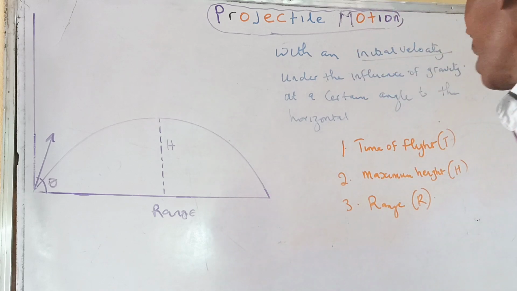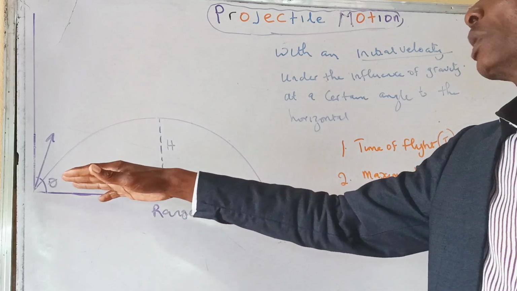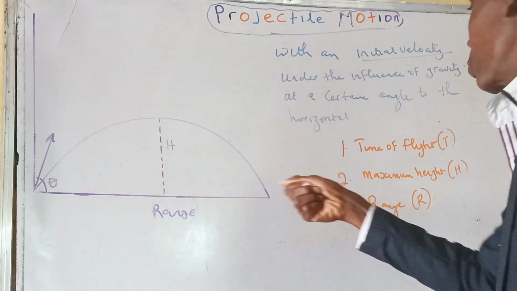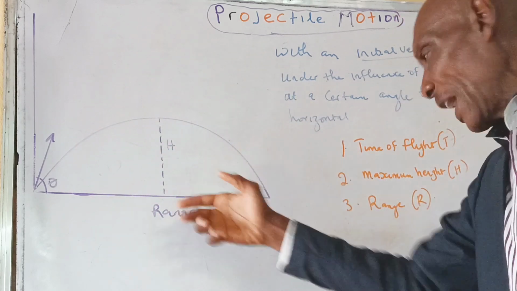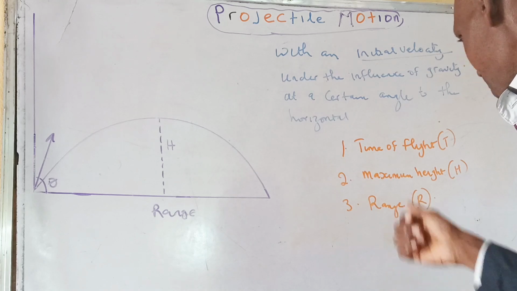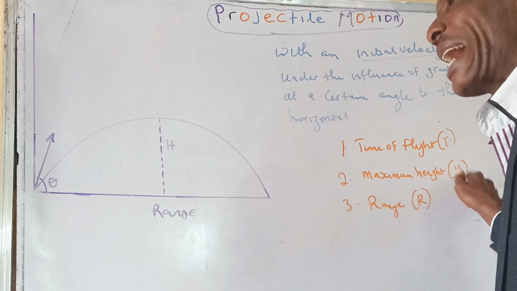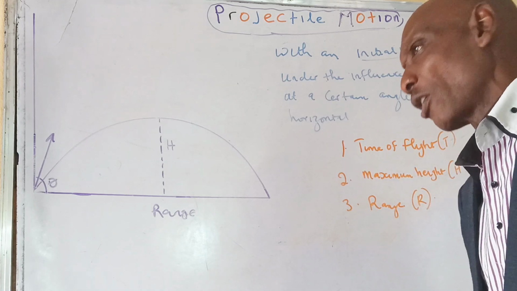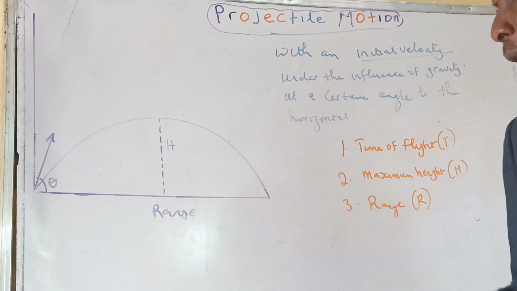Later on, in subsequent videos, we shall see how to derive the formula for calculating the time of flight. Now, the next important thing is the maximum height of a projectile motion.